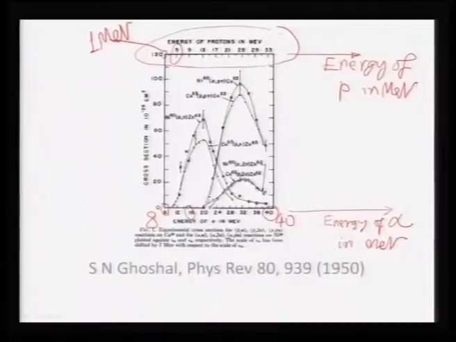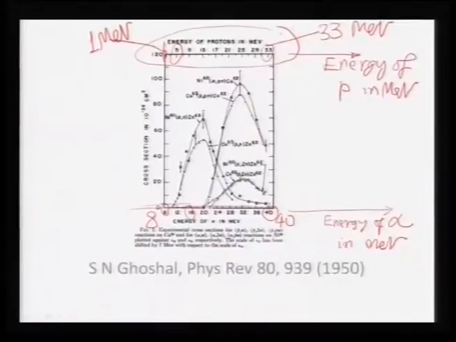So, it starts at 8 MeV on the bottom line here, and it goes up to 40 MeV. On the same graph you see the energy scale on the horizontal side, this is 1 MeV and this last point is 33 MeV.